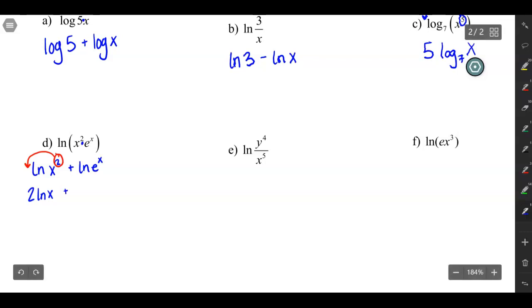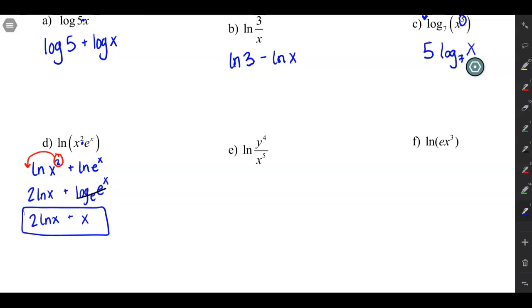I know that the natural log is the same thing as log base e of x. So I have log base e of e to the x. And I can use one of the first properties that I talked about to cancel out log base e and e, and I'm just left with an x. So what I have here is 2 ln of x plus x. And that would be my final expanded version.